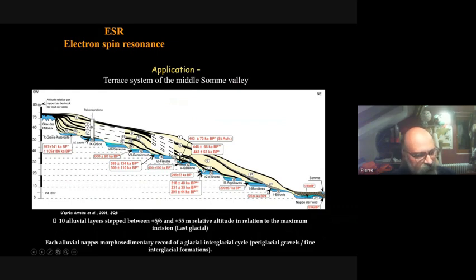It is with this method, ESR, essentially based on aluminum and titanium traps, that we give the age of the evolution of many different rivers in Europe, but not only, also in Africa, Asia, etc.